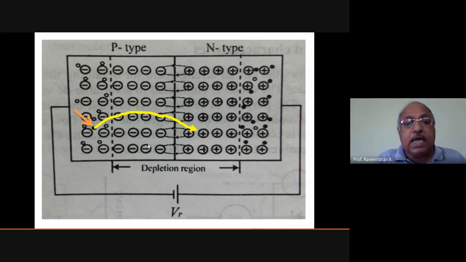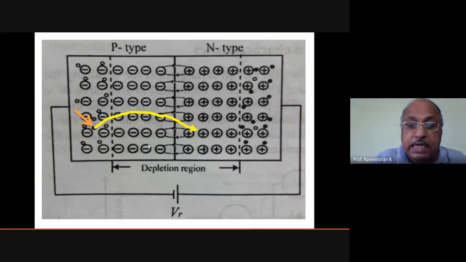Instead, there will be a very small minority carrier current flow due to thermally generated electrons and the widened depletion region. These thermally generated electrons move across the junction as a leakage current. So under reverse biased condition, the current flow through the PN junction will always be leakage current.